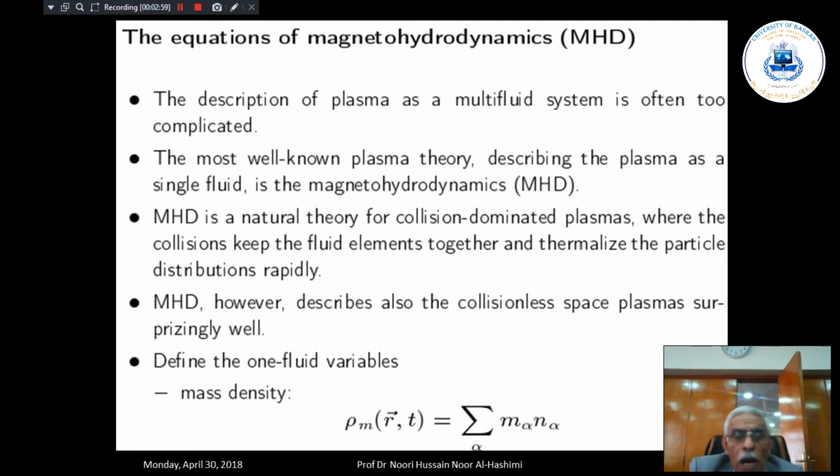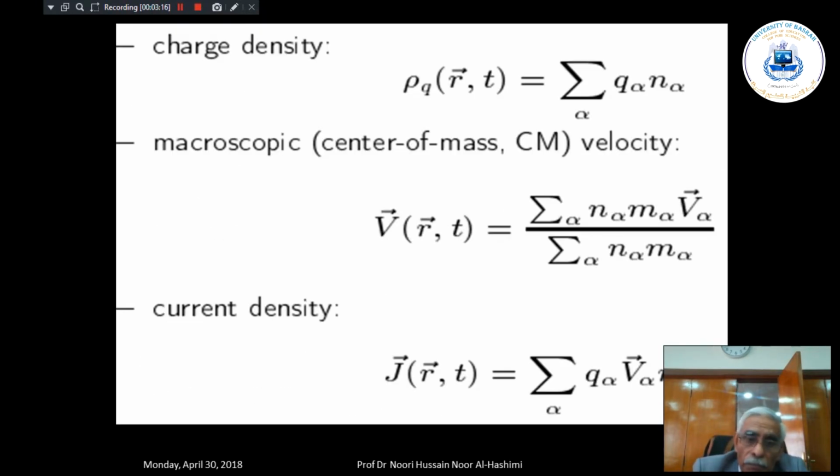Define the one-fluid variables. Mass density: rho_m of r,t equals the summation over alpha of m_alpha n_alpha. Charge density: rho_q of r,t equals the summation of q_alpha n_alpha.